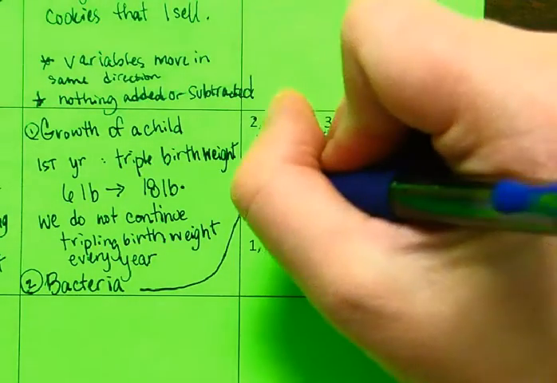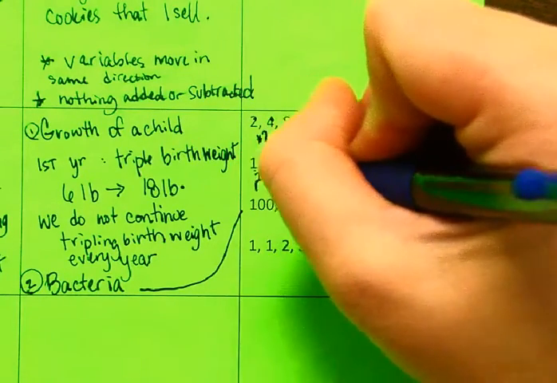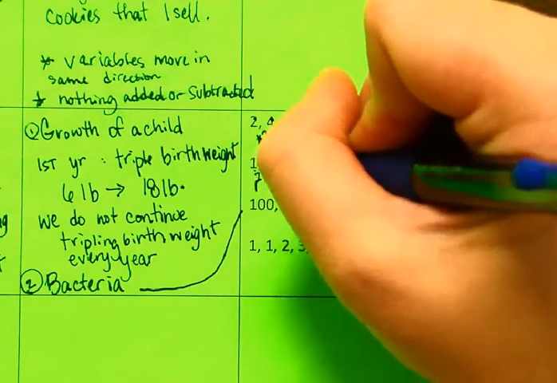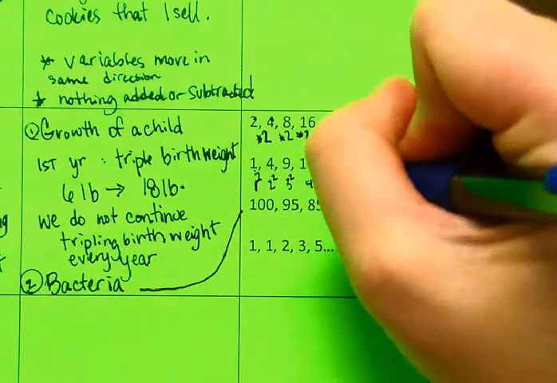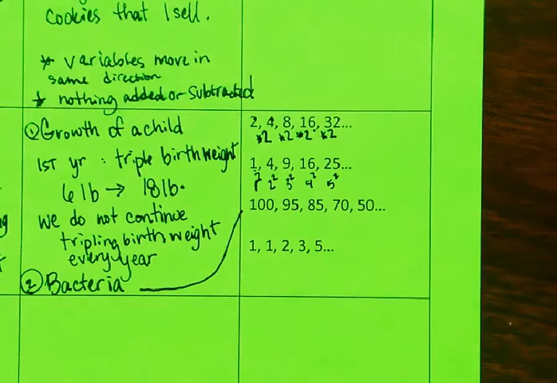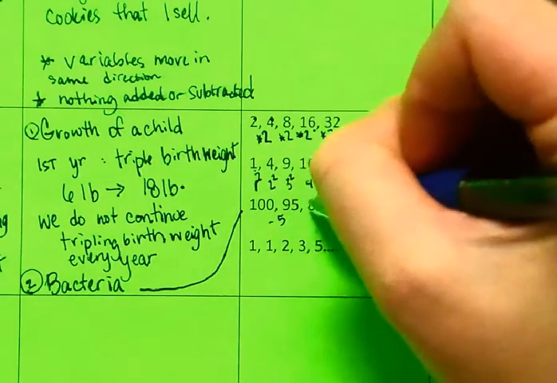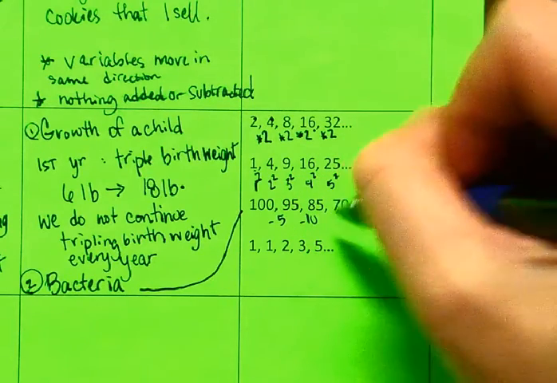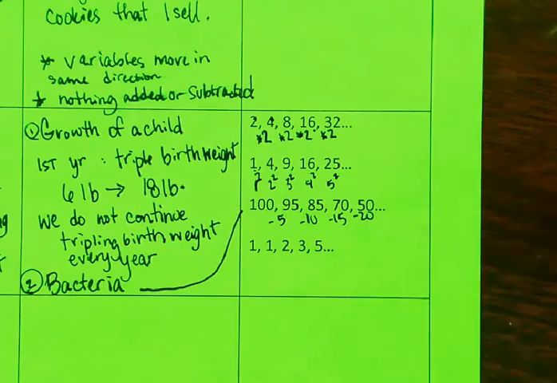From here to here, I'm squaring. 1 squared is 1. 2 squared is 4. 3 squared is 9. 4 squared is 16. 5 squared is 25. That's not a linear sequence. Here, I'm subtracting 5. I'm subtracting 10. I'm subtracting 15. I'm subtracting 20.